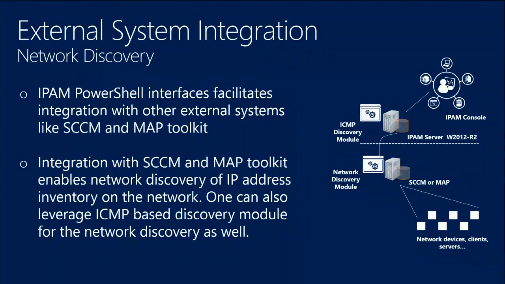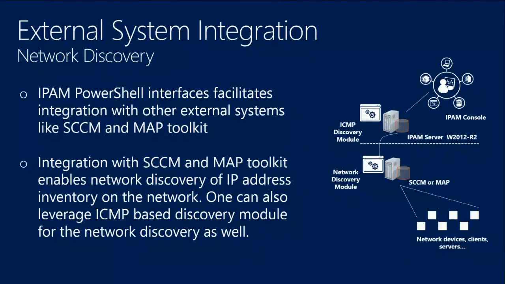SCCM, for example, can use this information to set up certain SCCM-related policies. For example, if the address utilization is 0, which means there are no clients on a particular IP subnet, do not push any patches to it, or push specific patches to remote access clients for an IP subnet which is for remote access clients. All those kinds of higher level scenarios can be enabled by integration between IPAM and other systems.